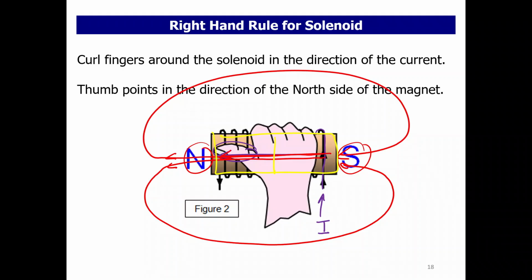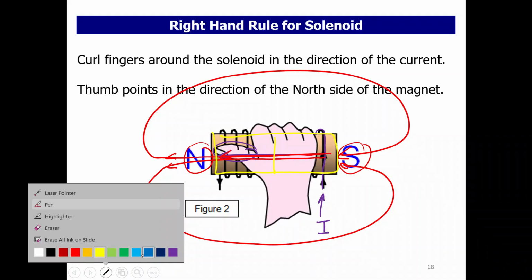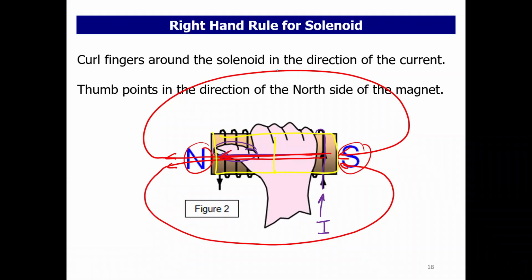So you can curl your fingers around. Notice that if I were to have a compass, which was one thing we talked about, using compasses to track field lines, that compass would actually point in the opposite direction outside. If I could put that compass inside that tube, it would point from right to left, but outside it points from left to right.